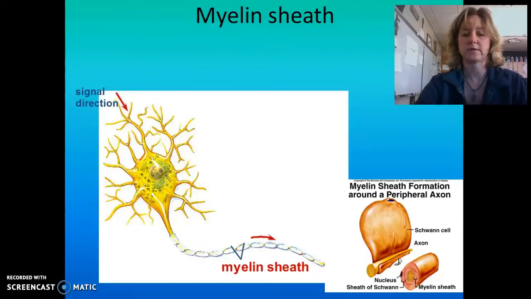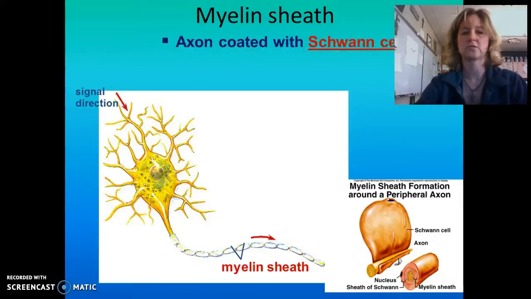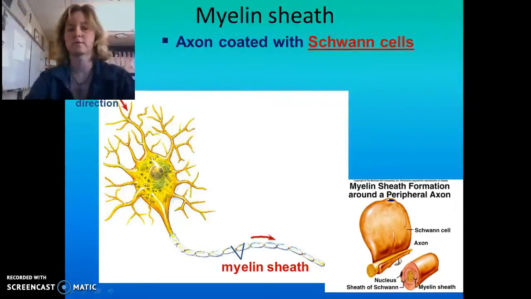And what they are is individual cells called Schwann cells. The Schwann cells are these goofy little cells, and they're full of cytoplasm and all of that good stuff that cells should have, but they go through and they wrap themselves around the axon, just like this, until they roll, roll, roll, roll, roll.